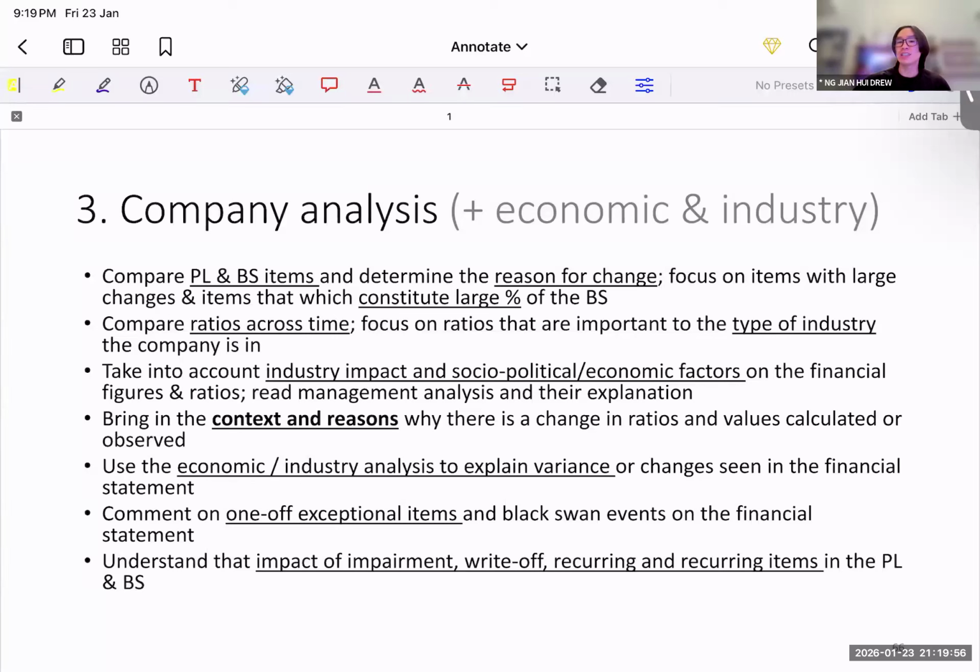In the case of the balance sheet, then the large portion of the assets. And from there, determine or try to explain why there are some changes across time, right? So really looking at which constitute the largest portion, that's one way to start your analysis.